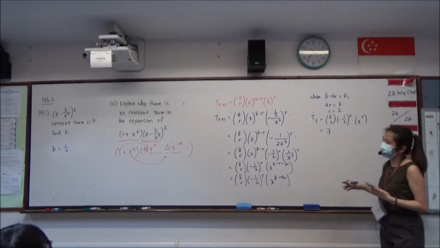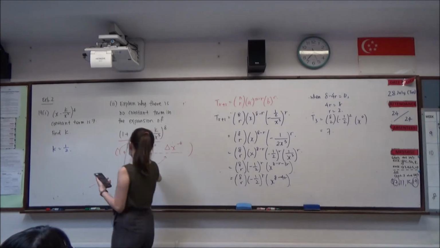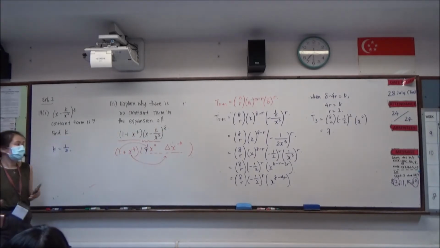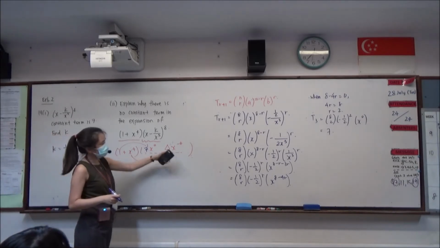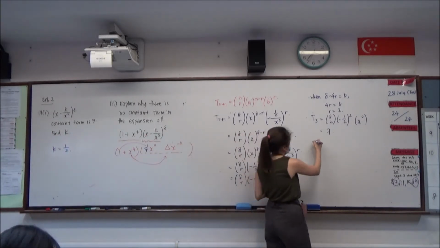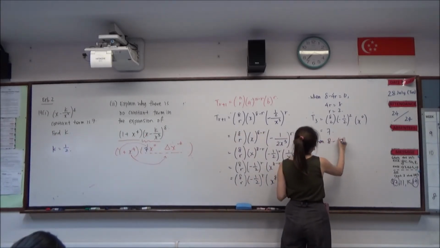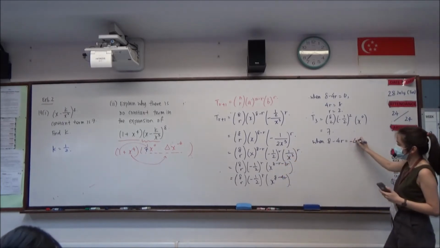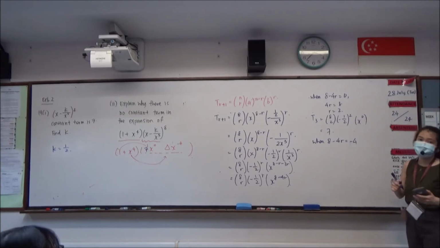So we now know that this part here has to be 7x to the power 0. And then our x to the power negative 4 term, that means the power 8 minus 4r has to be negative 4.